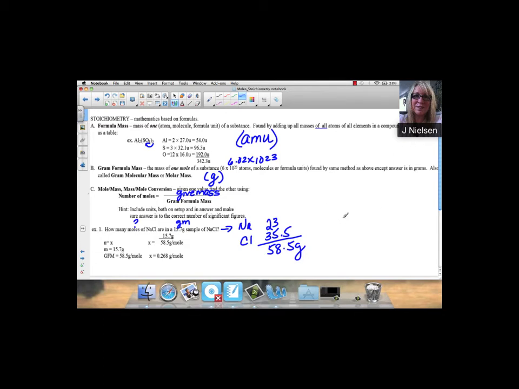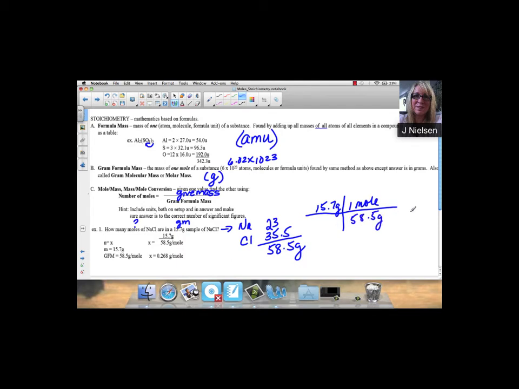The other way you could have done this is simply by using dimensional analysis. We have 15.7 grams, and you know that 1 mole of anything is equal to the GFM. So we want units to cancel, so 1 mole equals 58.5 grams.